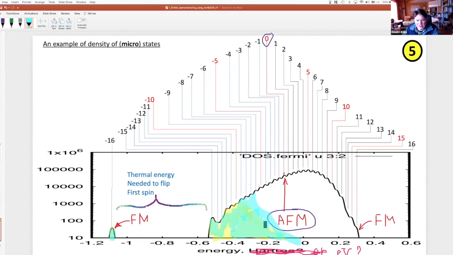And depending on the occupation of each microstate by the thermal Boltzmann factor, one can find the contribution of this specific energy into the total energy, and of the magnetization of a certain microstate or family of microstates into the magnetization. And it is all for J smaller than 0.